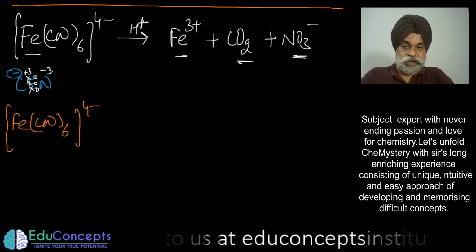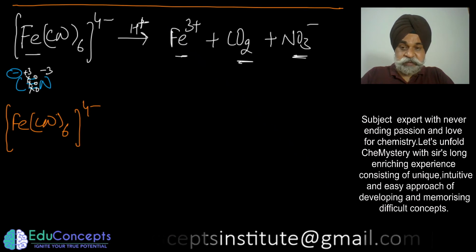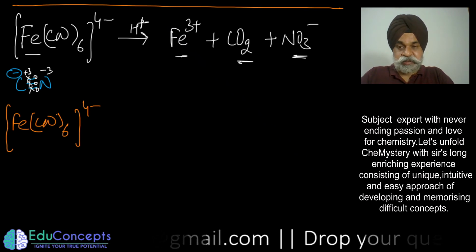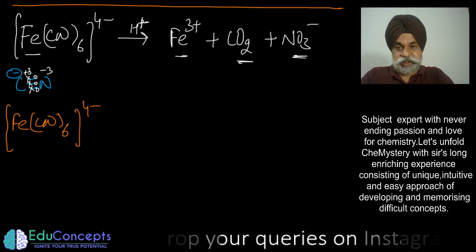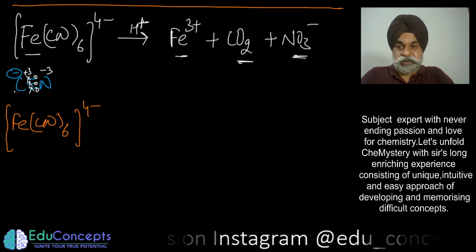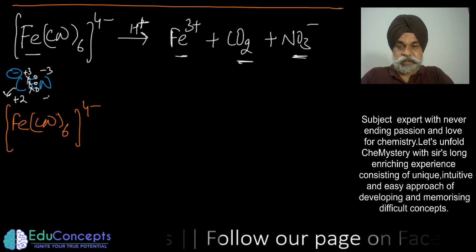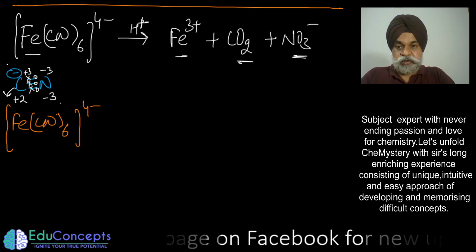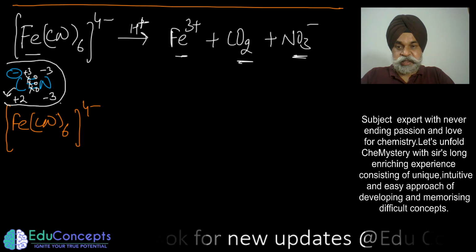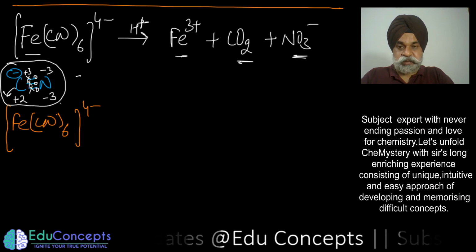The electronegative element tends to get the negative charge, and the less electronegative gets the positive charge. So the overall charge on this carbon is plus 2, and here you have minus 3. So the overall charge on the cyanide ion is minus 1.